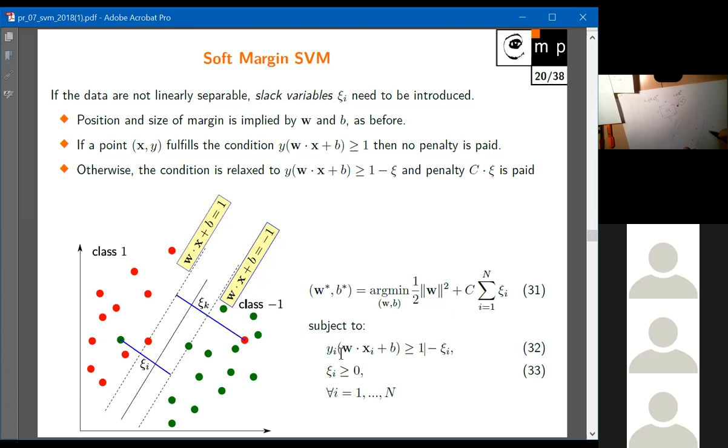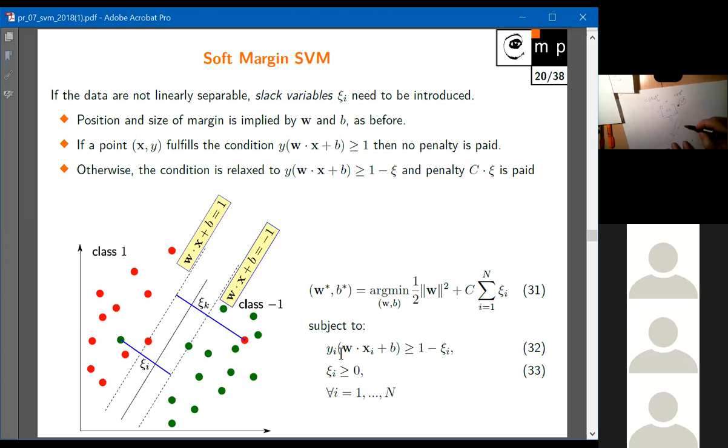But if there's no separable one, I have to be very careful here. It says, now I will allow incorrect data which are on the wrong side of my margin. So even this point here, which is classified correctly, is on the wrong side of this margin of width 1. So this point pays a penalty.